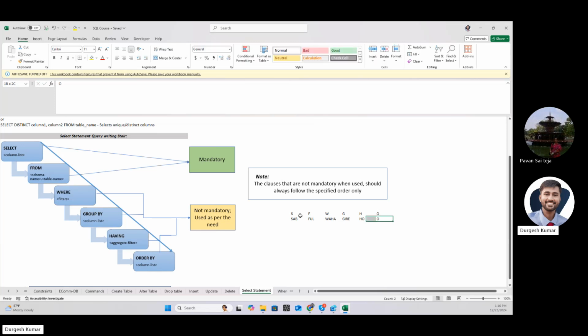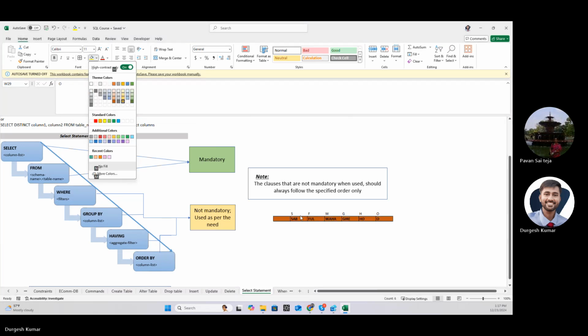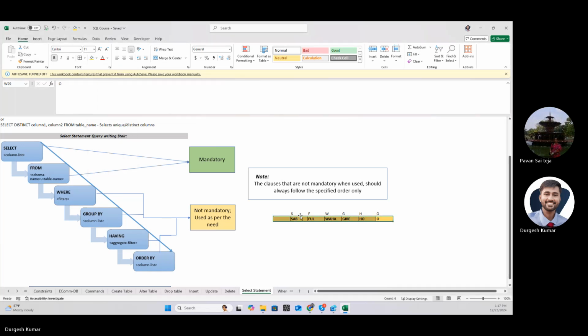That's it. So look at this. Here we have created a mnemonic for this. Just call it anything, rhymes or something: सब फूल वहां गिरे हैं वो.